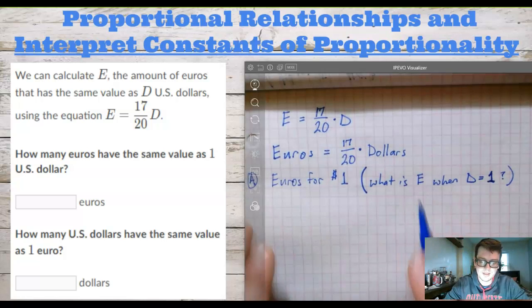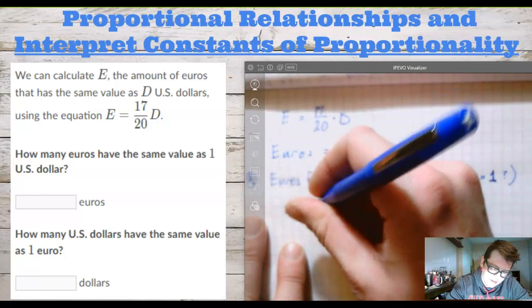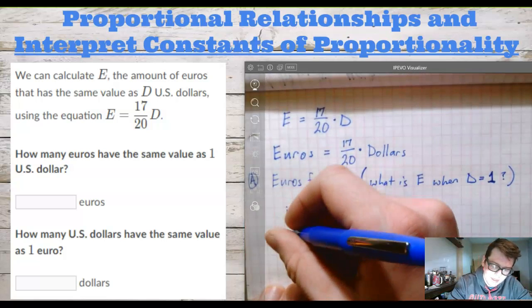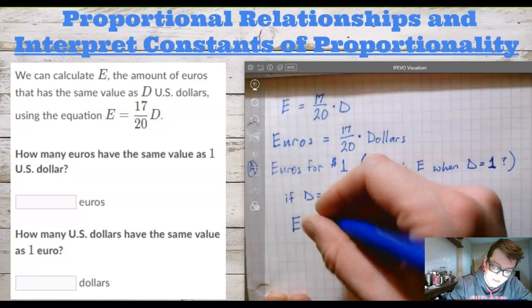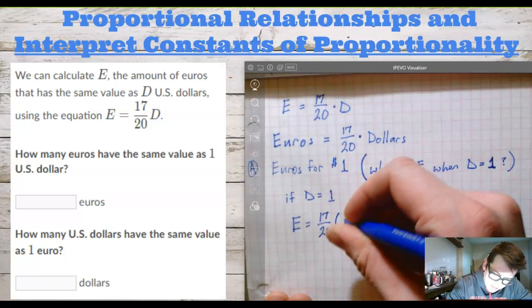So we can plug in, okay, so if D is 1, then our equation becomes E equals 17 over 20 times 1.